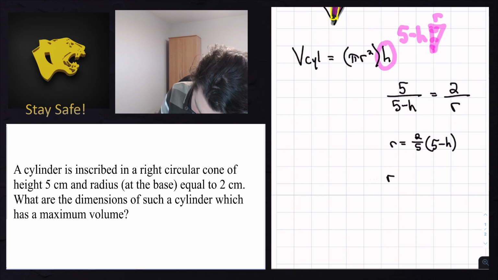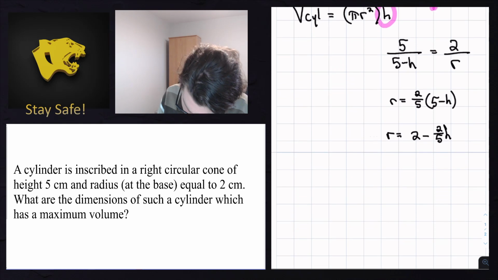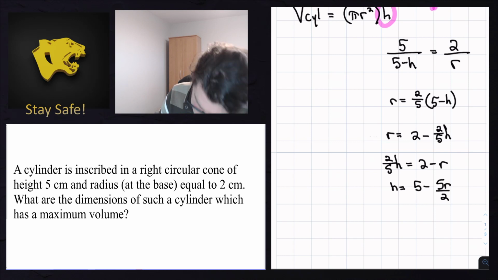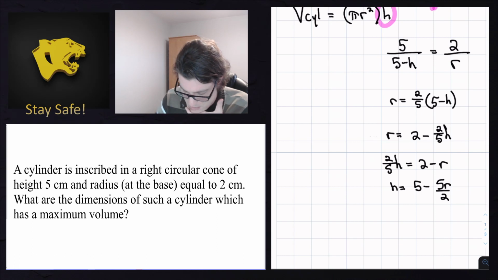That's going to be r is equal to, let's see here, 2/5 times 5 is just going to be 2 minus 2/5 h. So I'll move things around to get that 2/5 h is equal to 2 minus r. Multiplying by 5 divided by 2, we get h is equal to 5 minus 5r over 2. Something like that anyway.